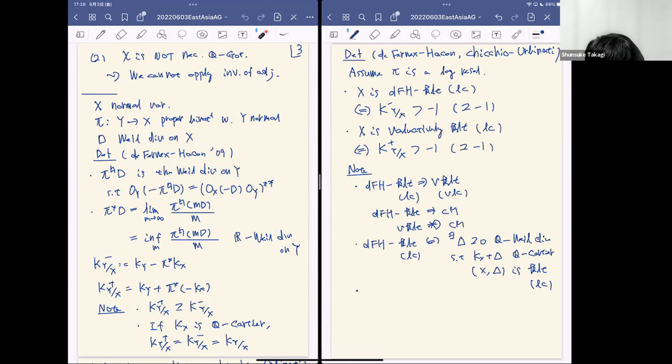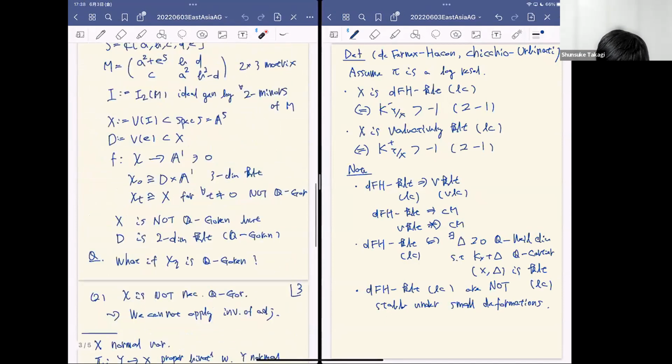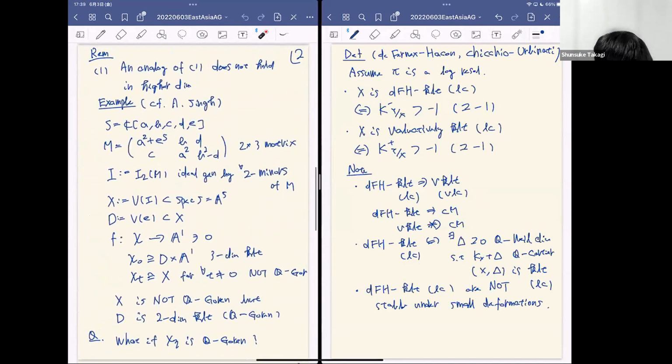But unfortunately, they are not stable under small deformation. Let me go back to my previous example, this one.